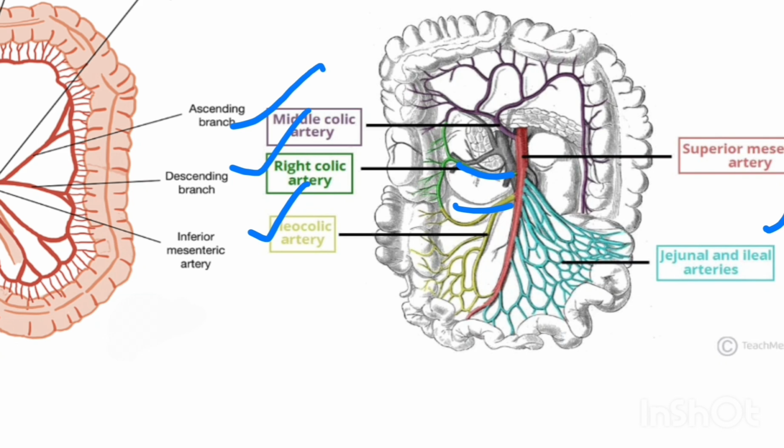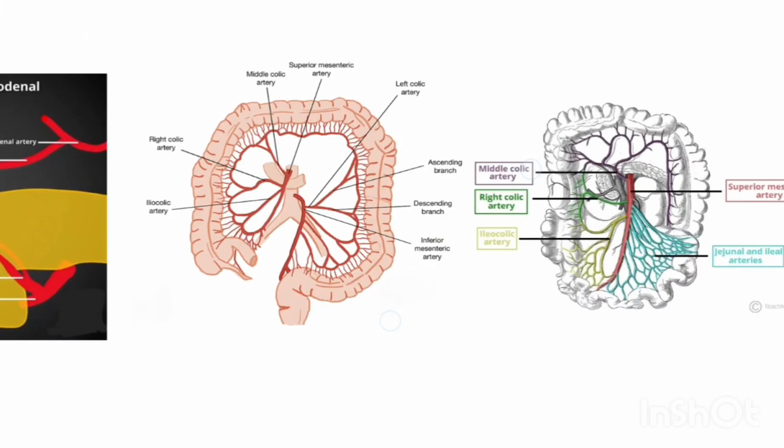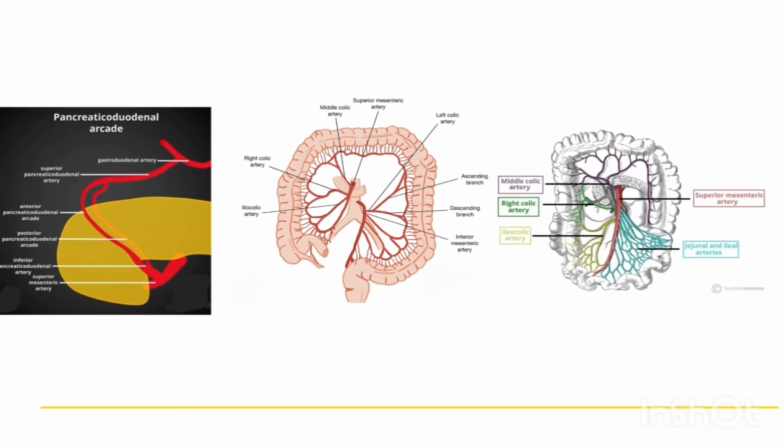These jejunal and ileal arteries divide into 15 to 20 branches and get anastomosis and form the vasa recta. Okay. So these are about the superior mesenteric artery.